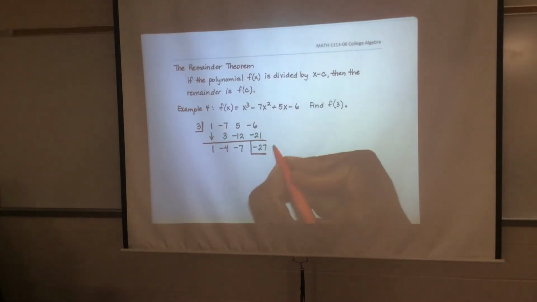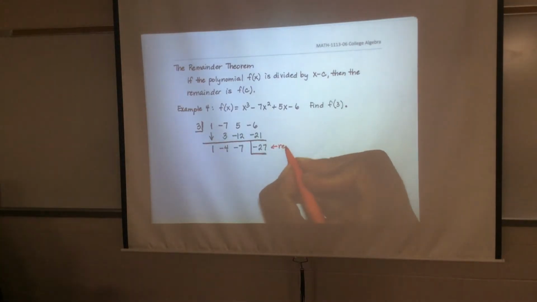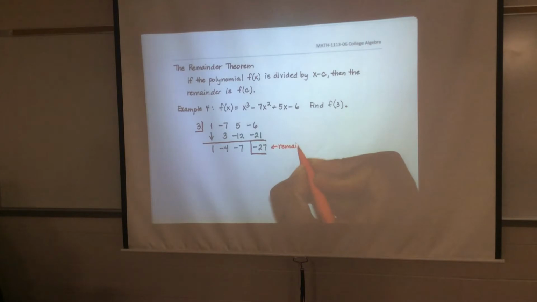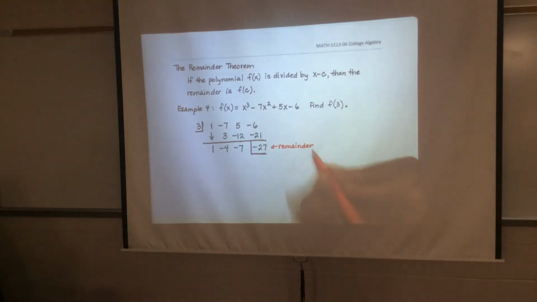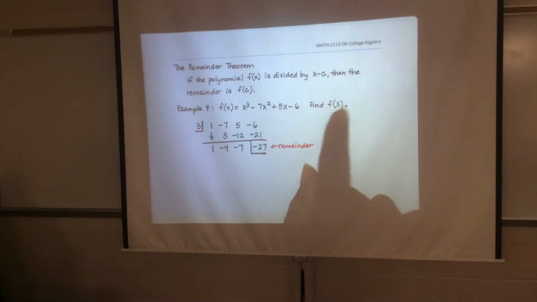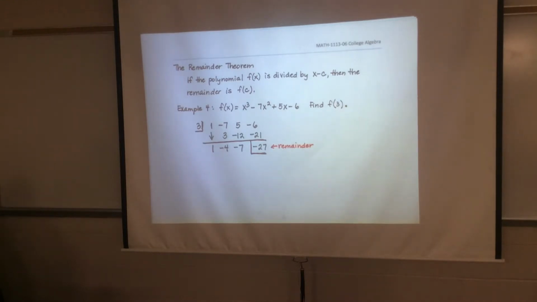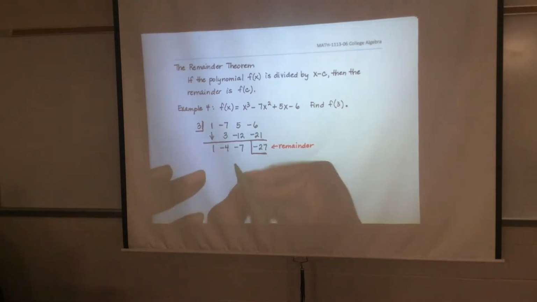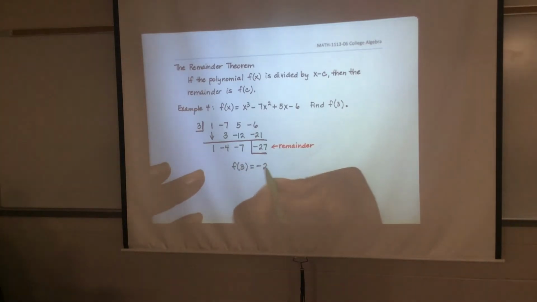So now, the last number in the last row, which is -27, that will be your remainder. And not only that, that particular value of -27, that's the value of this particular function when x is equal to 3. So we can say here that f of 3 will equal -27.